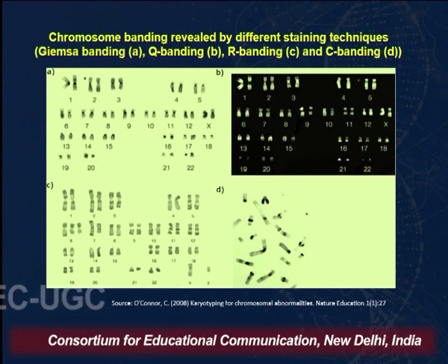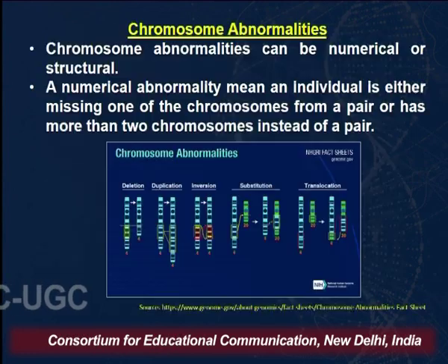These are the various banding patterns shown over here. We can see the various staining techniques: Giemsa staining, Q banding, R banding and C banding. We can see that each of the chromosome pairs is arranged in sequence, and then they are observed for any chromosomal aberrations or structural changes.